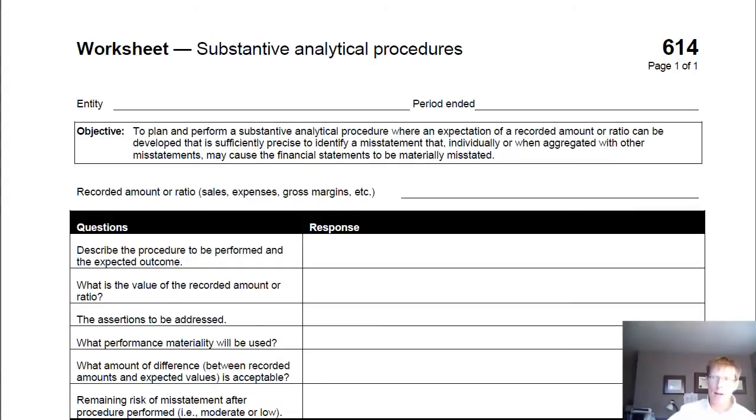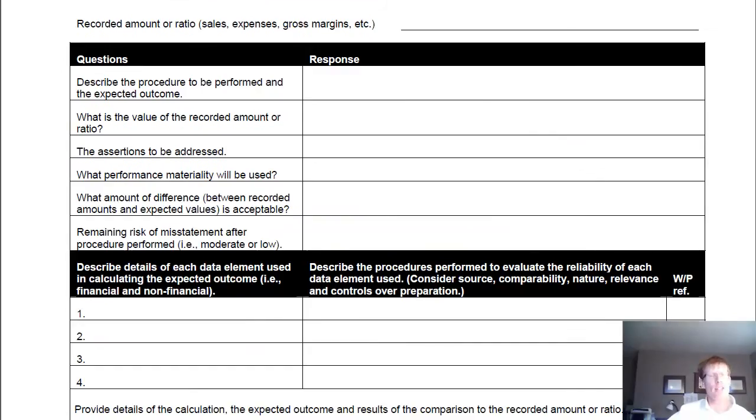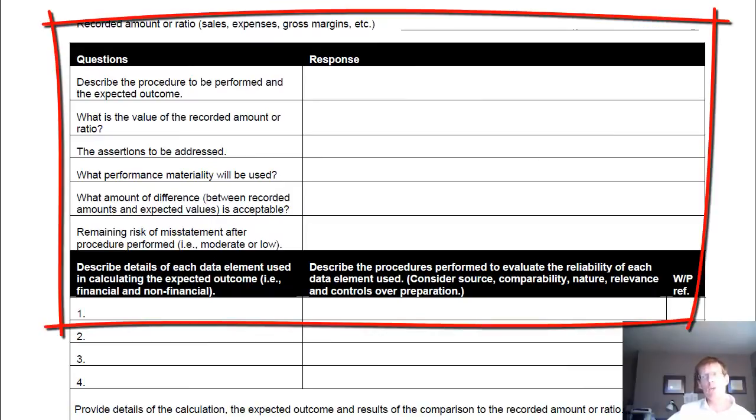Okay, here we are at our worksheet for substantive analytical procedures. And we have an objective here that states in general terms that we've identified an analytical procedure that can be performed that will help us to identify a material misstatement. And you can see at the bottom of this worksheet that we have a free-form worksheet which can be used to document our analytical procedures.